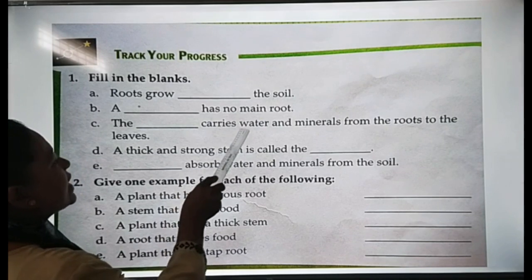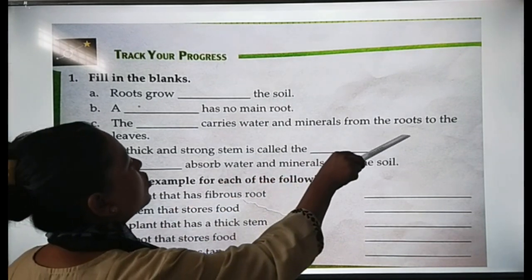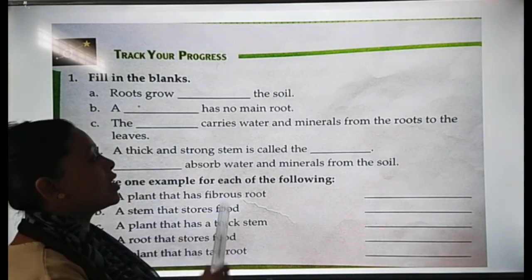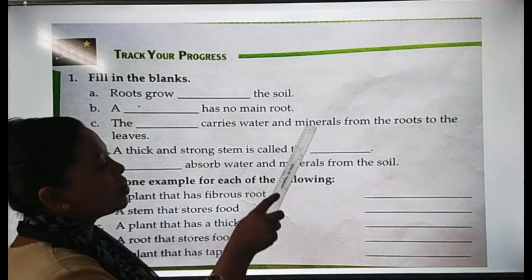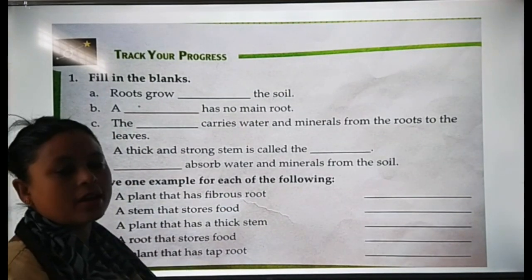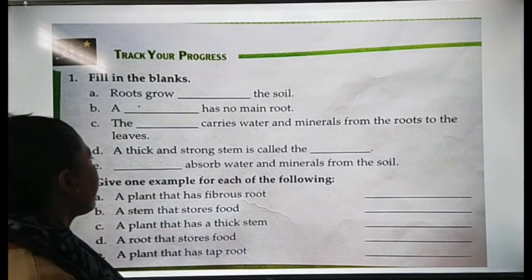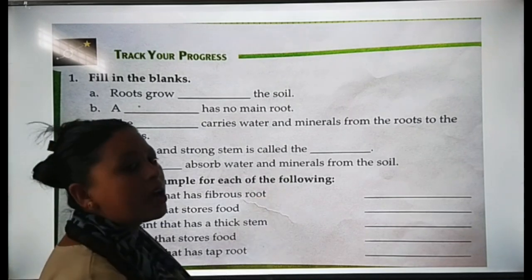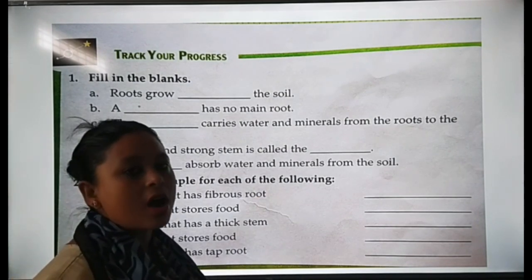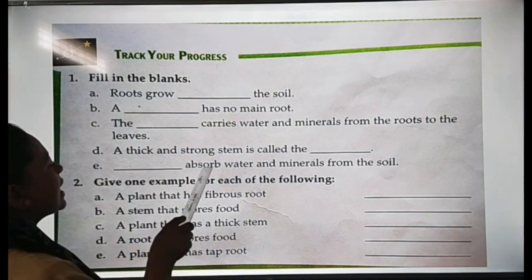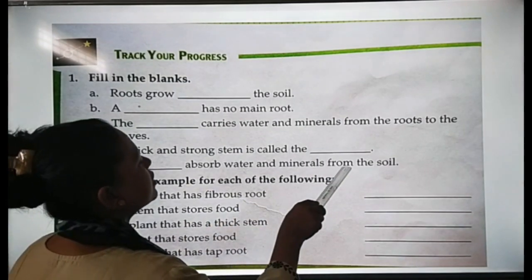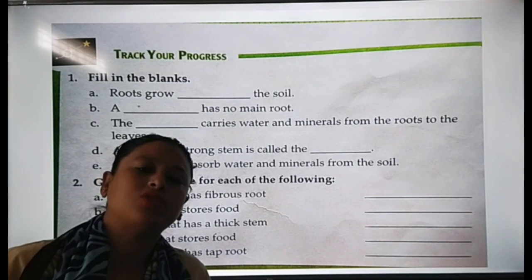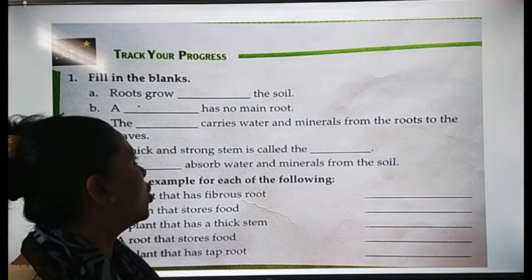The dash carries water and minerals from the roots to the leaves. Yes, stem. Okay. A thick and strong stem is called the what? Trunk. Yes. Dash absorb water and minerals from the soil. So who absorbs water and minerals from the soil? Yes, roots. Okay.